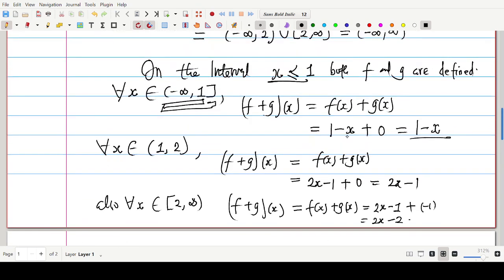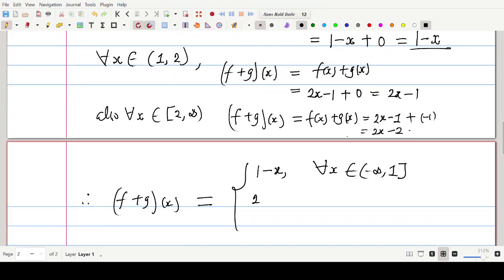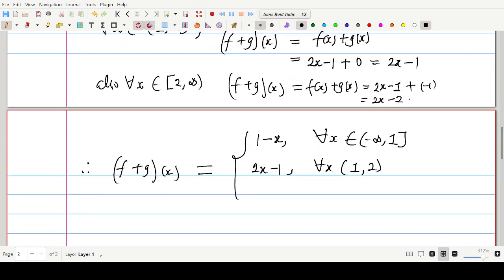And the second value of the function is 2x minus 1. So I can come here and write 2x minus 1 for all x that comes from the interval 1 to 2 exclusively. All right. And lastly, the possible value of the function is 2x minus 2, and that is for all x that are elements that come from 2 to infinity. Hope you can see what I'm doing. So we have defined this function in piecewise form.